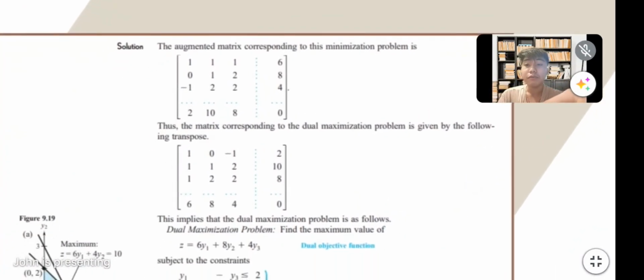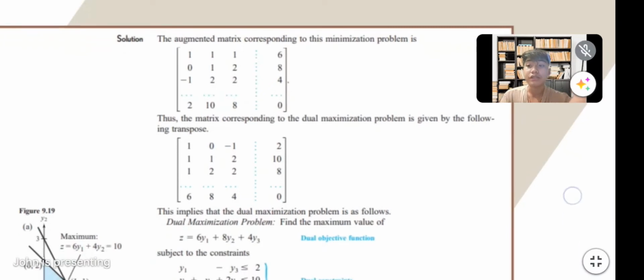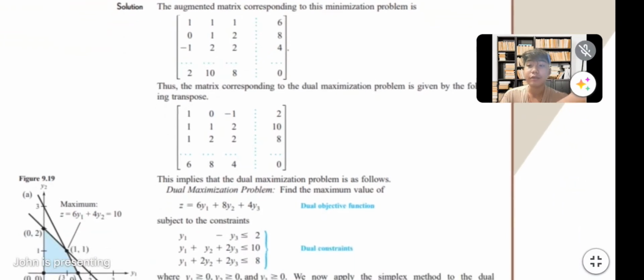You make a table, then the augmented matrix corresponding to this minimization problem is the table shown below. Thus, the matrix corresponding to the dual maximization problem is given by the following transpose, as you see in this table.